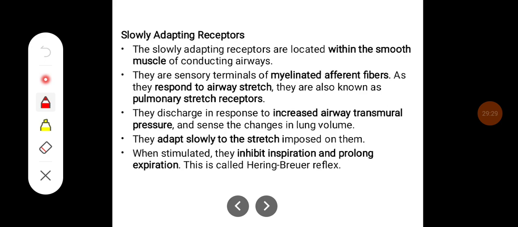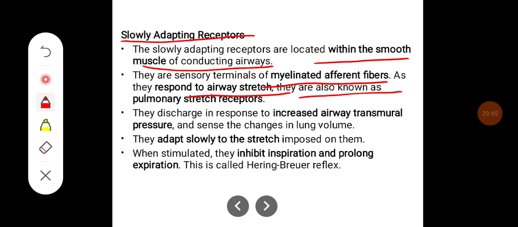Slowly adapting receptors. The slowly adapting receptors are located within the smooth muscle of the conducting airways. They are sensory terminals of myelinated afferent fibers, and as they respond to airway stretch, they are also known as pulmonary stretch receptors. They discharge in response to increased airway transmural pressure and sense changes in lung volume.